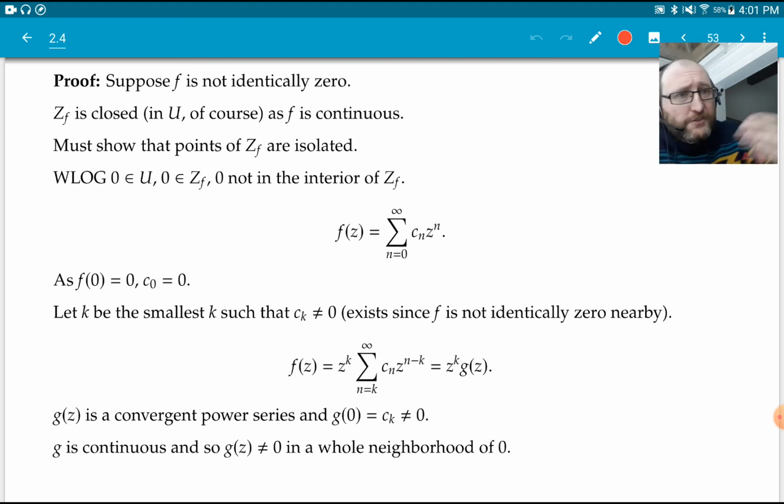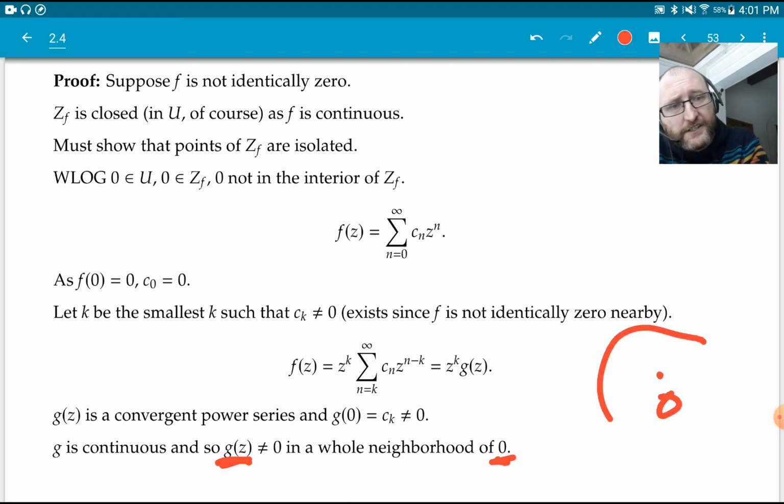Now, a convergent power series is differentiable, therefore it's continuous, right? Well, if you have a continuous function and it's non-zero somewhere, it's non-zero in a whole neighborhood, right? So g is not zero in a whole neighborhood of zero. If we have the origin here, there's some neighborhood where g is not equal to zero.